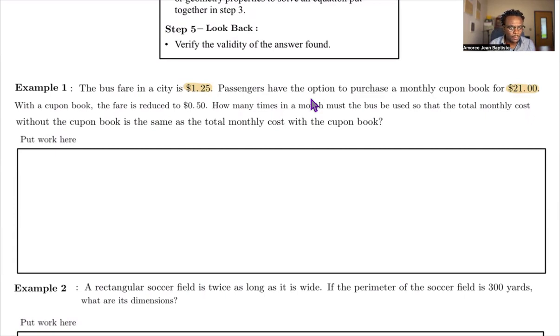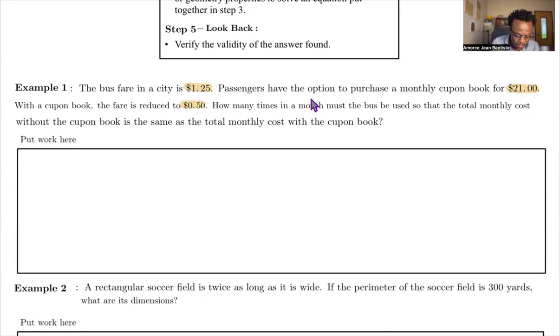With the coupon book, the fare is reduced to $0.50. So instead, when you combine $21, when you buy the coupon book, then you don't have to pay $1.25 anymore. You only pay $0.50 every time you take the bus. All right.